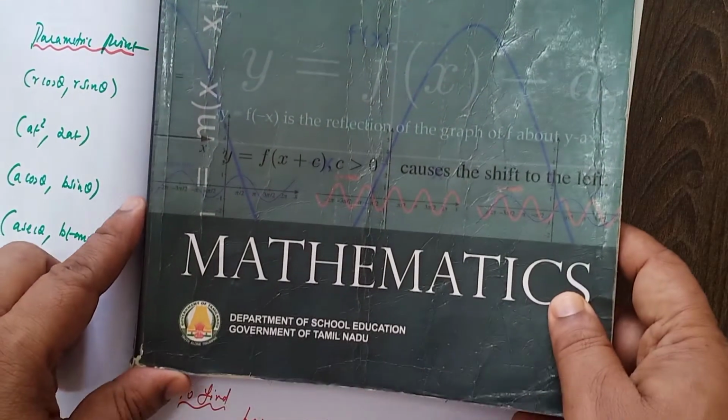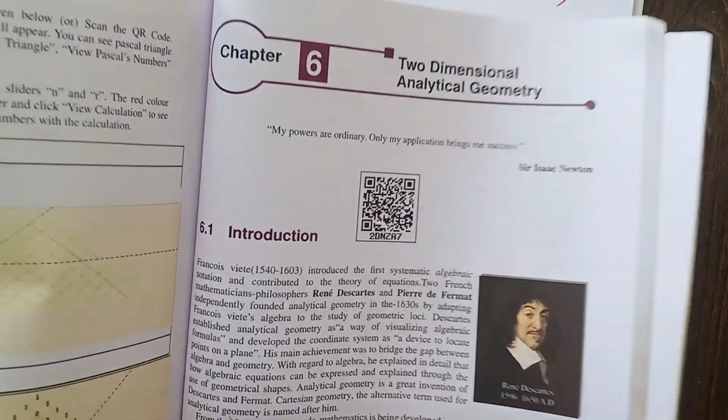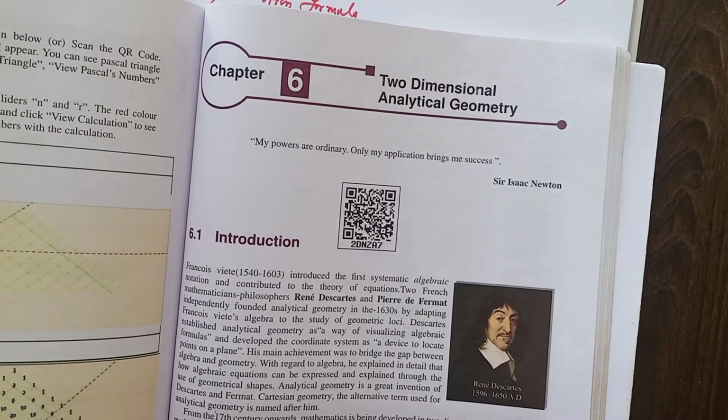11th standard mathematics, chapter number 6: Two-dimensional analytical geometry.